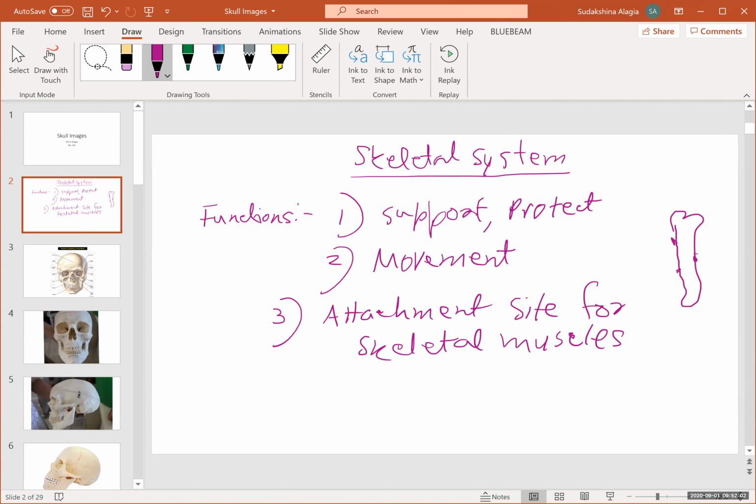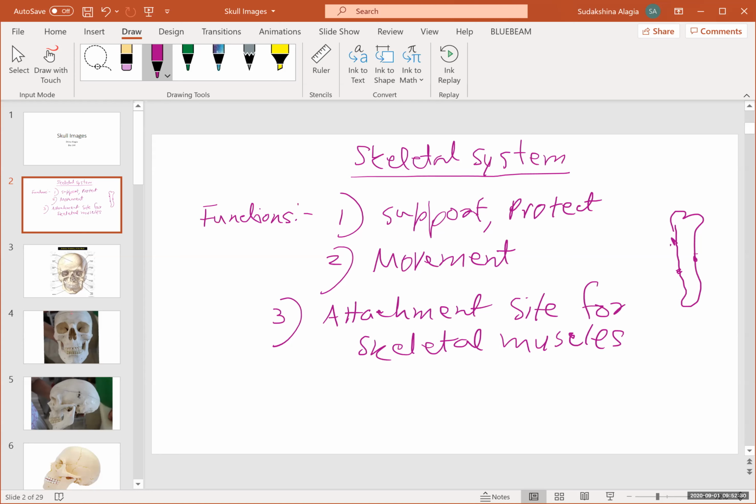Basically, any kind of ridge, rough surface, protrusion, etc. on bones are given names because those protrusions, those ridges, those rough surfaces, those round protrusions, those elongated protrusions, all of those serve as attachment sites for something. Okay. So the skeletal system itself serves as attachment site for skeletal muscle.